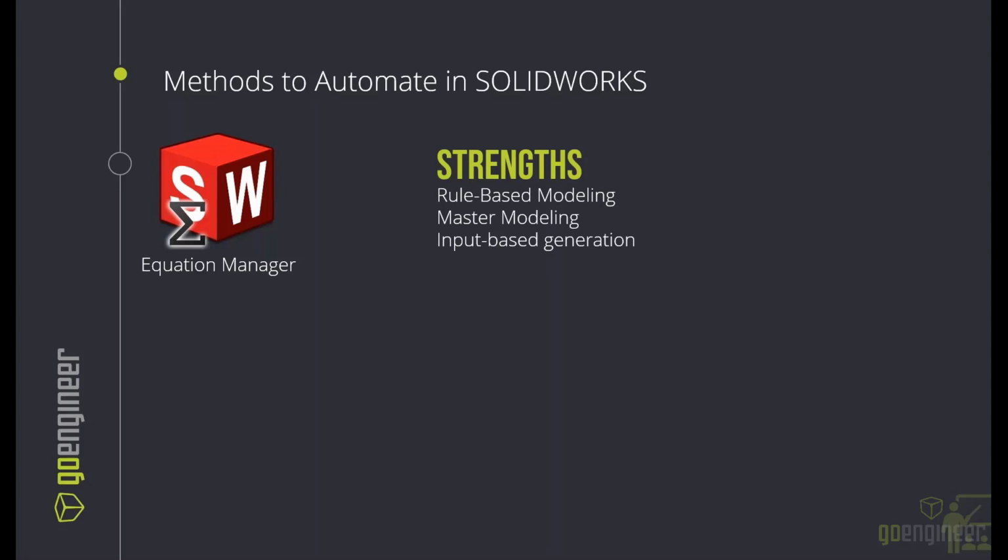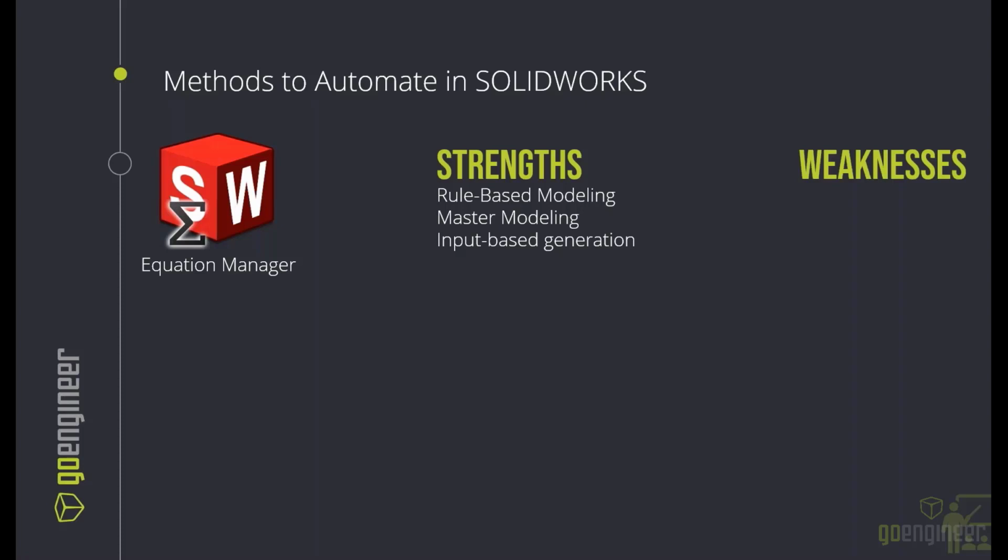The strengths of the equation manager is it allows us to use rule-based modeling as well as master modeling, and also allows us to use what is called input-based generation. So we have an input and we generate outputs from that. We have some sort of form that I can put inputs in and generate my model rules, my outputs.